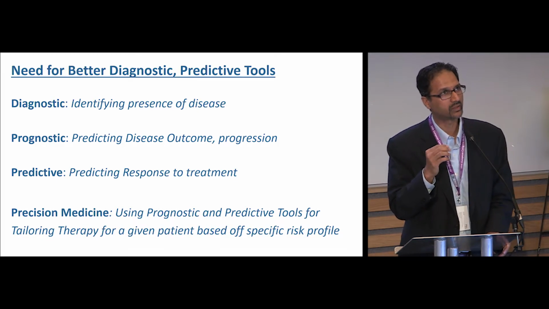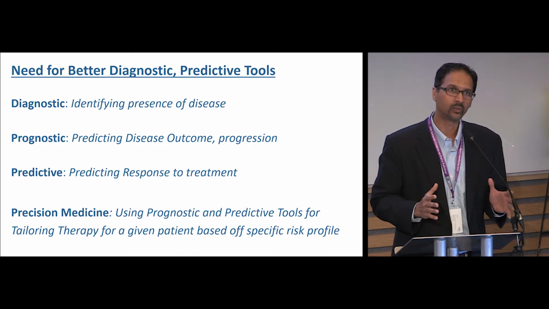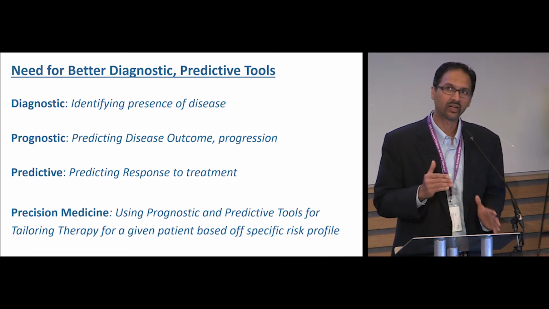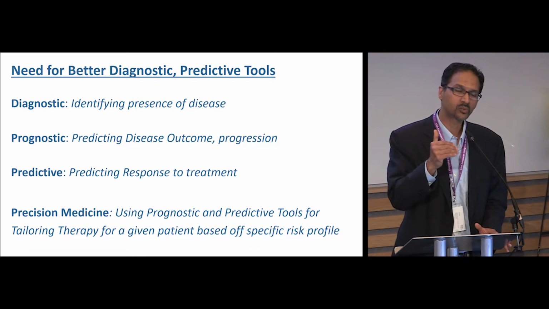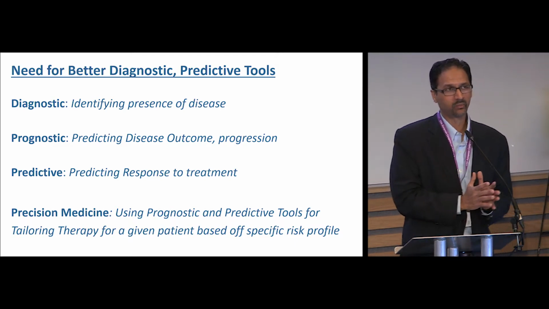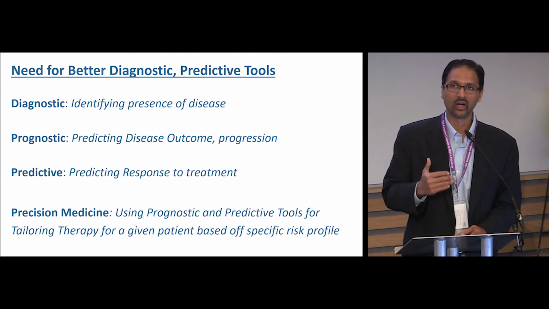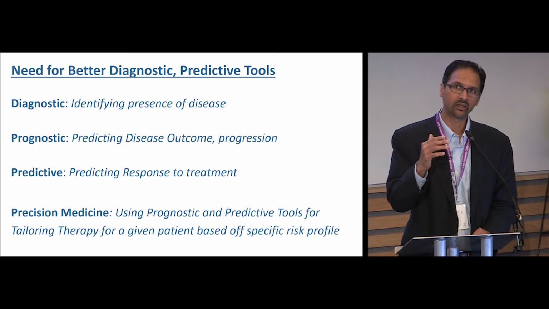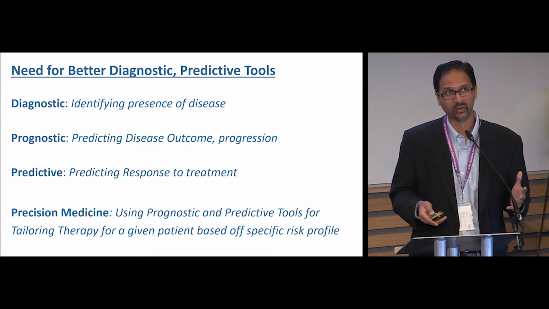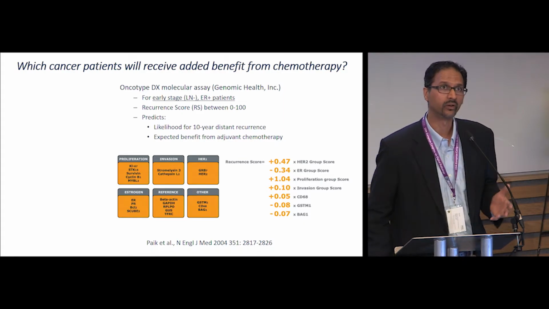Here predictive has a very specific meaning as it relates to the ability of a biomarker, of a classifier, to identify the benefit of therapy or the response to specific therapy. And it's really the ability to develop tools that address both the prognostic and the predictive questions that will further our ability to personalize therapeutic strategies for a given patient, as opposed to using a one-size-fits-all strategy. Now, this is not to say that companion diagnostics have not been around.